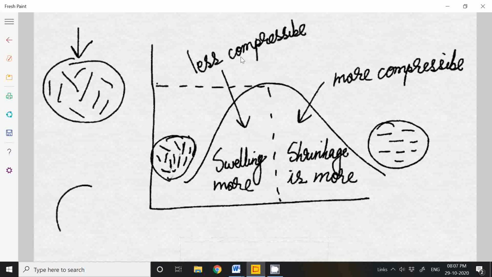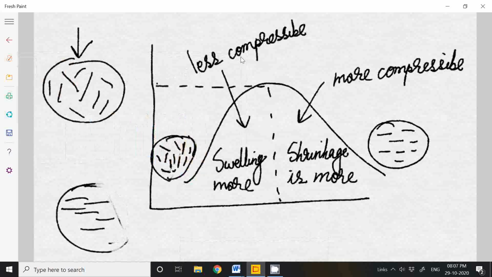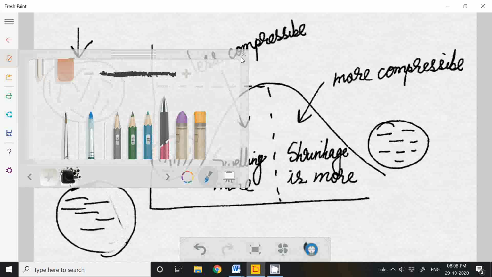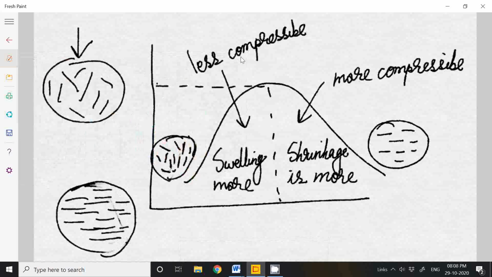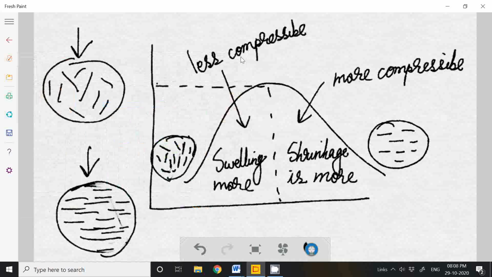On the other hand, suppose you have something arranged in a very orderly manner like this, and if you give a compaction, then obviously this will get compressed more than this.